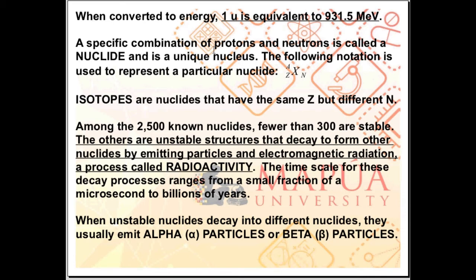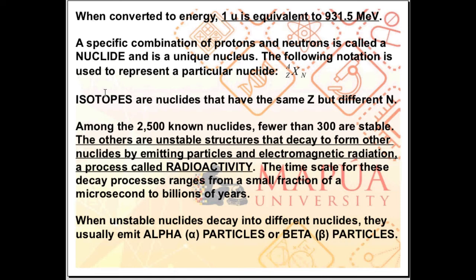A specific combination of protons and neutrons, so a specific combination of Z and N, is called a nuclide and is a unique nucleus.